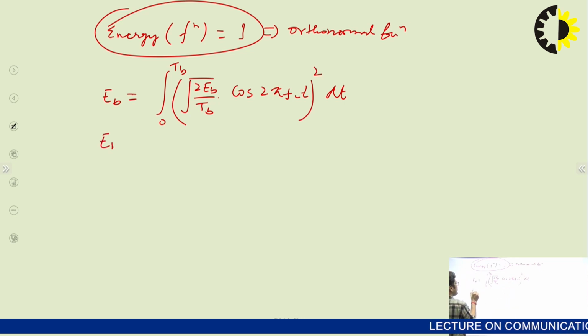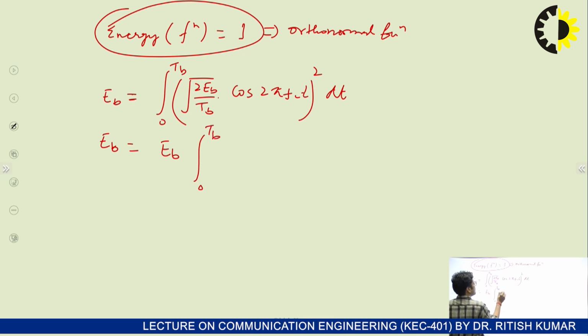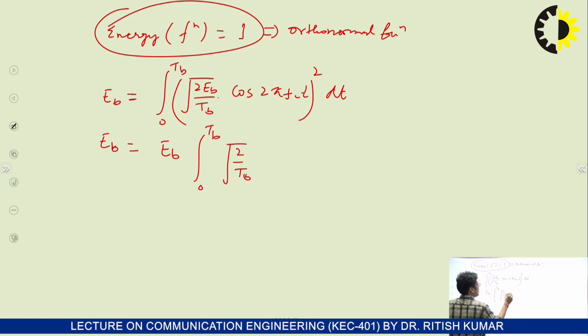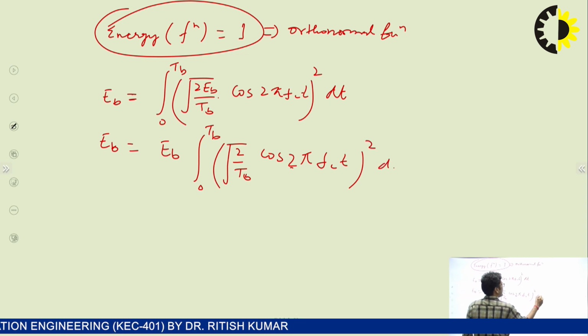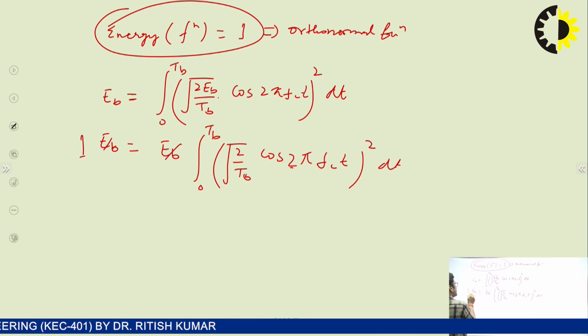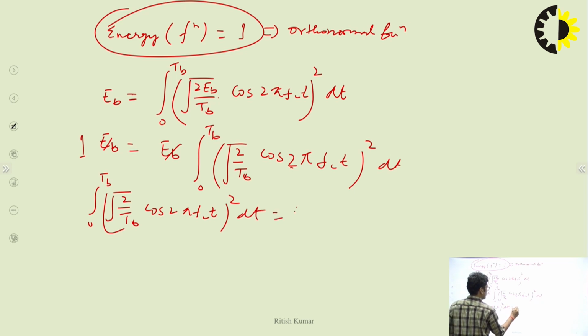So Eb is equal to, taking the under root Eb out of the integration, the integral of the square of under root 2 by Tb cos 2 pi fc t, dt. So the Eb cancels out, and the integral from 0 to Tb of the square of under root 2 by Tb cos 2 pi fc t dt is equal to 1.